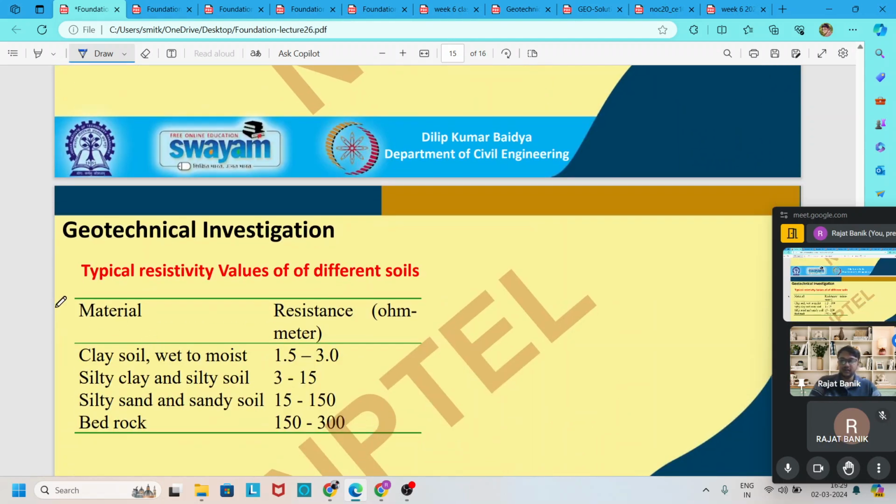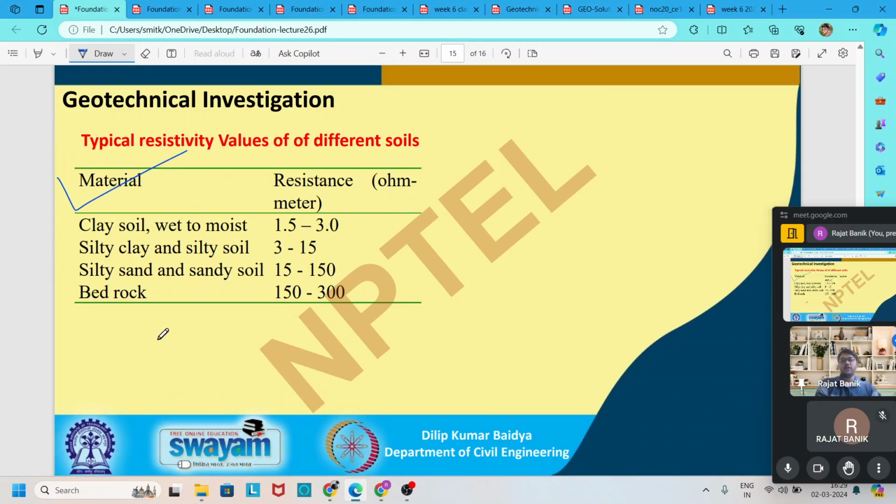Here one table is given for different types of soil. For clay soil, wet to moist, the resistivity is 1.5 to 3 ohm meter. For silty clay and silty soil, the resistivity is 3 to 15 ohm meter.